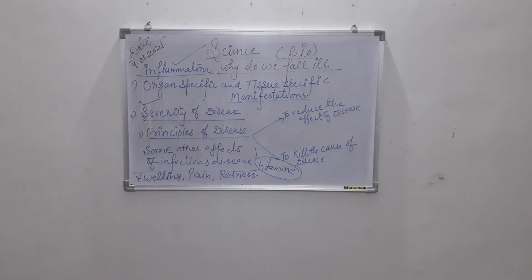The severity of disease manifestation also depends upon the number of microbes in the body. The optimum or sufficient number of microbes that make the body diseased is called infective dose.